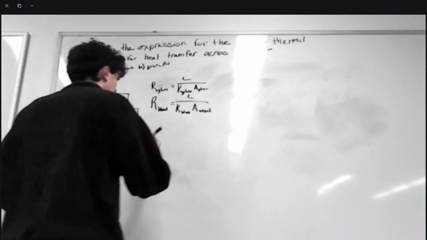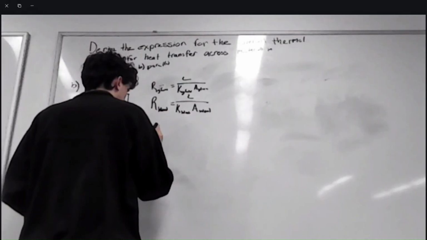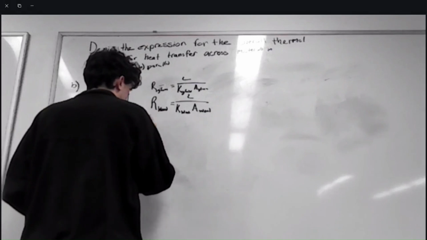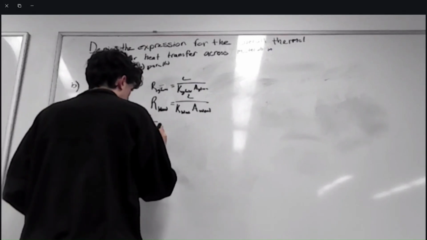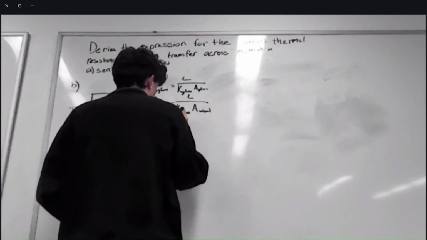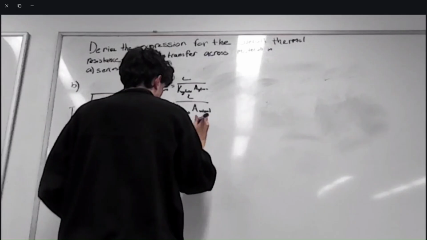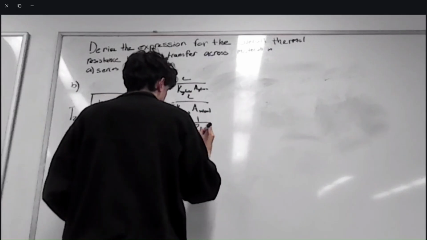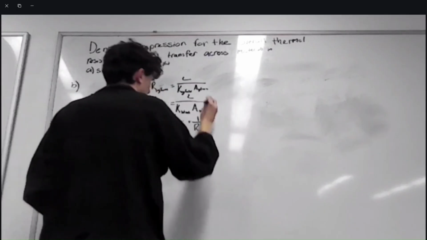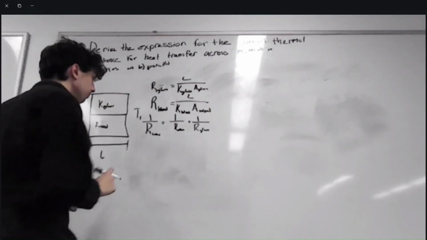So to find our total overall thermal resistance, we're going to use our properties from electrical circuits. And we'll have our wood plus our glass. And then we get to substitute these into our problem.